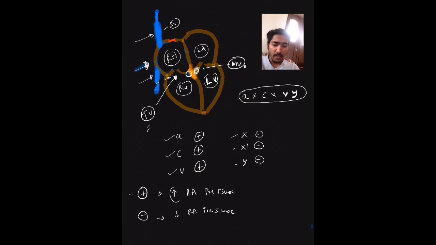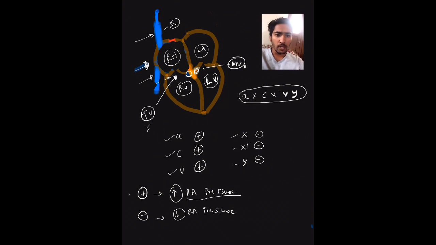Positive means there is increase in right atrial pressure, and negative wave means there is reduction in right atrial pressure. So JVP is concentrating mainly upon your right atrial pressure. Just repeat, friends, JVP is measuring right atrial pressure. Keep this in mind.